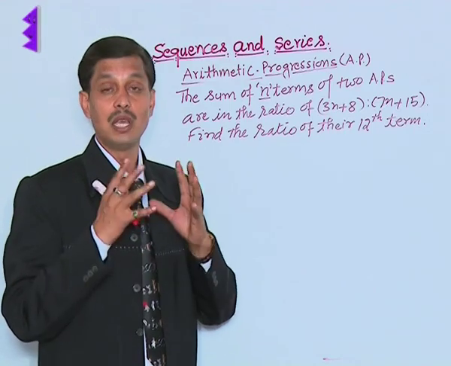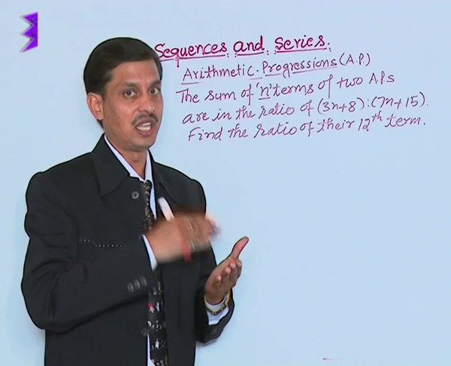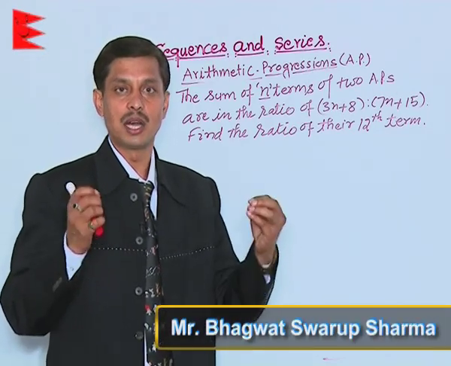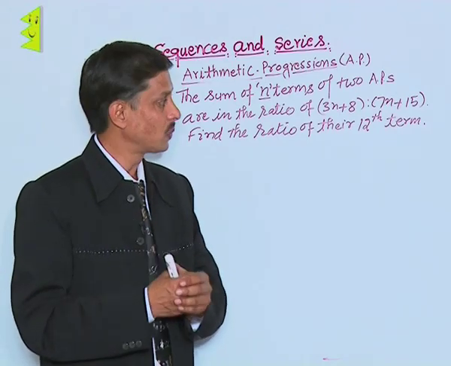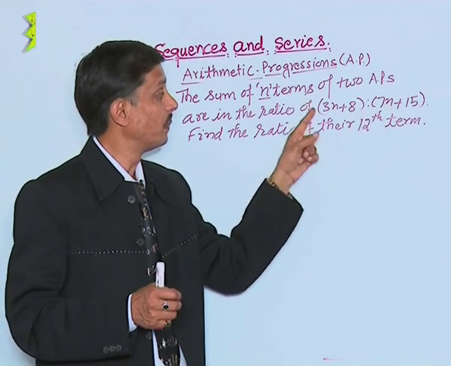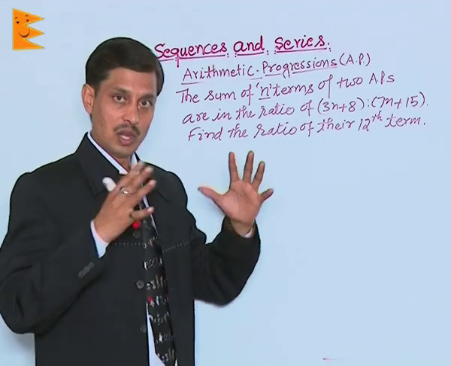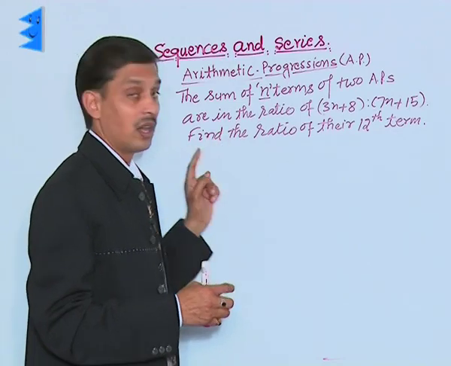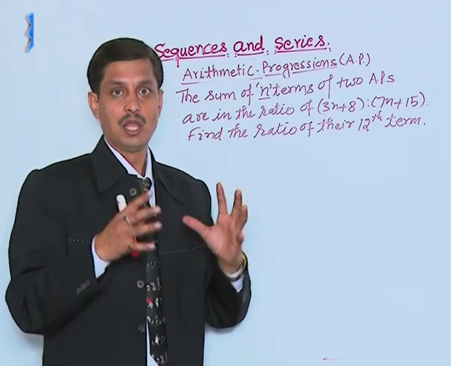Sn of first AP is calculated, then Sn of second AP is calculated, and these two results are divided for its simplest form, which is known as the ratio, and comes out to be 3n plus 8 is to 7n plus 15. There were two APs, their Sn's ratio is this. Then find the ratio of their 12th term.